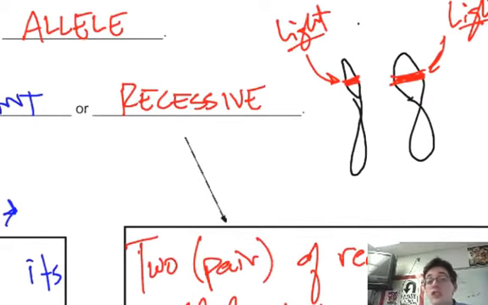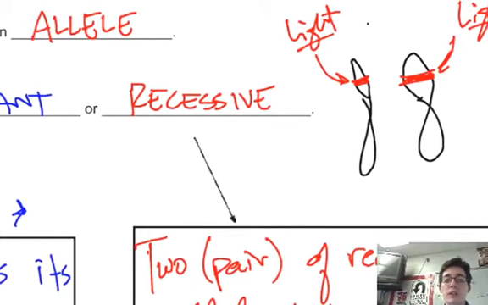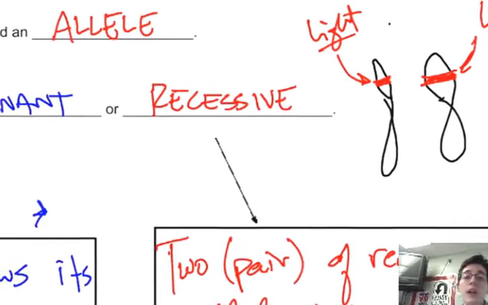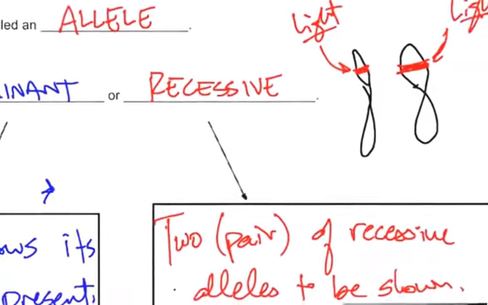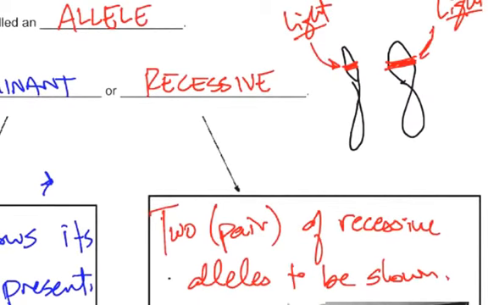Because there's no dark gene overpowering them, we see the blonde hair. That's jumping ahead a little bit, but again, you've got to understand the difference between dominant and recessive. If you have one dominant allele, it's going to dominate the trait. If you have two recessive alleles, it's going to be the recessive trait. So some of you at this point have already done that coin flip lab where you look at the heads versus the tails. That's what this is illustrating.